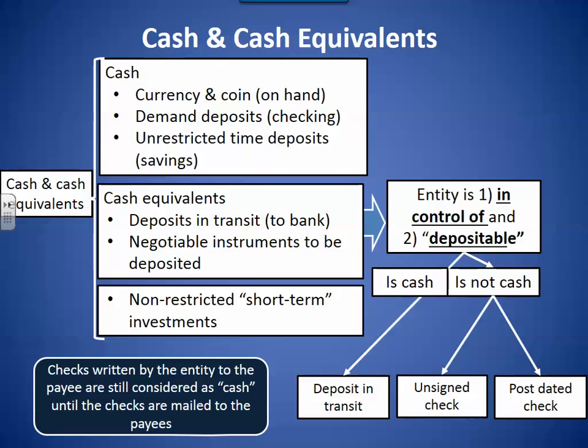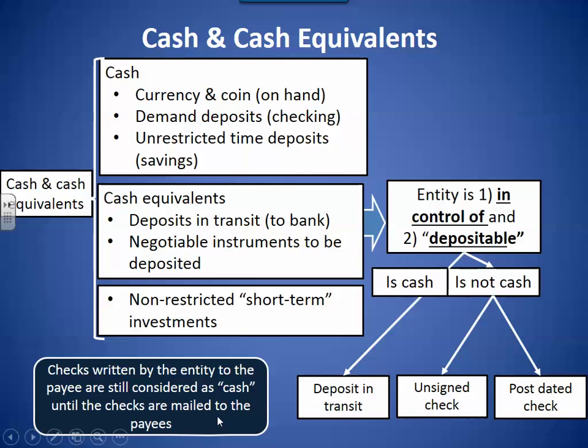Now, we also have another category of cash equivalents, and these are called non-restricted short-term investments. We're going to spend a little bit more time on these a little further on in this review. One of the things they may test for on the exam is the fact that checks written by the entity to the payee are still considered the cash of that entity until those checks are actually mailed to the payees.